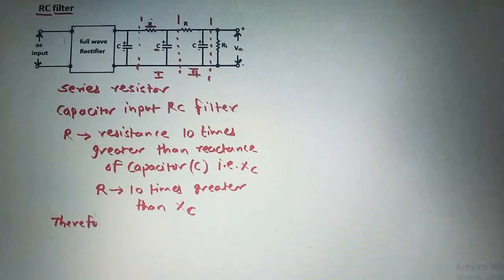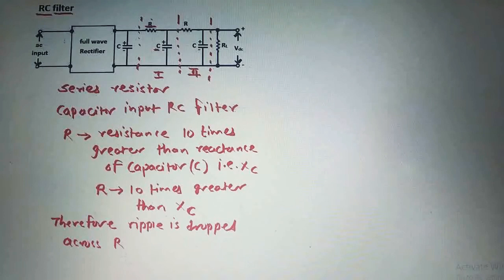therefore, the ripple is dropped across R, across resistance R, instead of the load resistance RL.